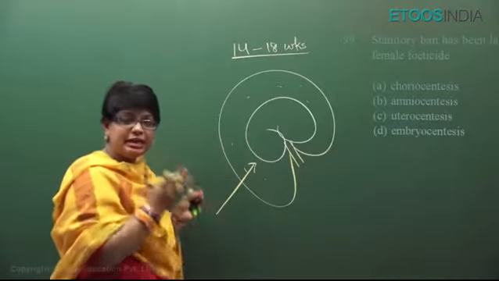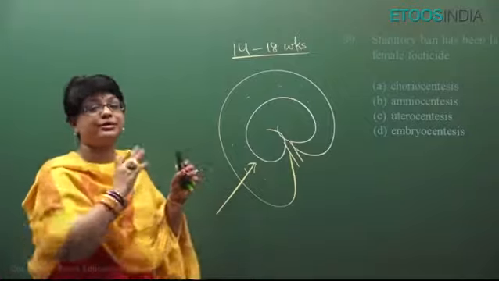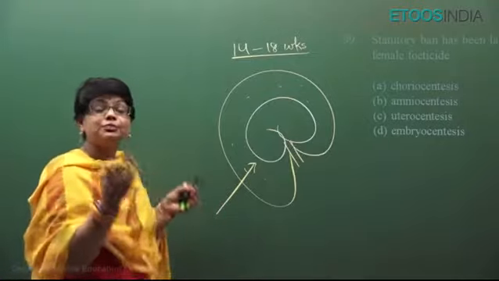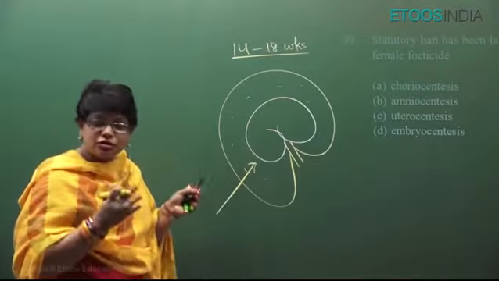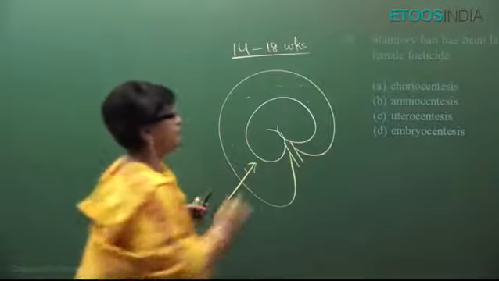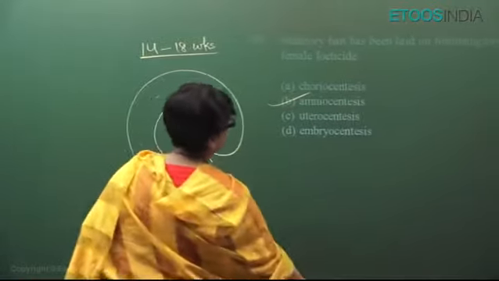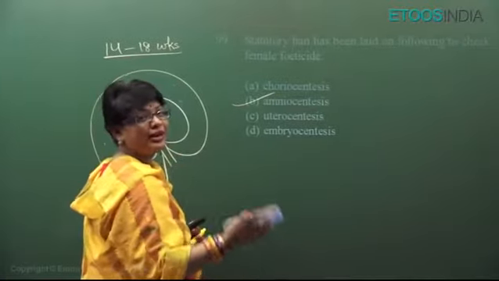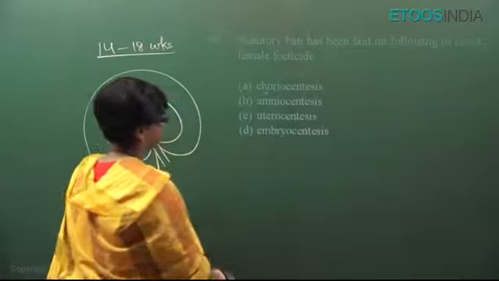Only if indicated, if there is a history of some genetic or chromosomal abnormality, or we are suspecting something like that, then specialized centers can perform this amniocentesis. Just for the sake of knowing the sex of the child, it is banned. So amniocentesis is performed between 14 to 18 weeks of pregnancy for detection of genetic or chromosomal abnormalities. Answer is option B for Bombay.